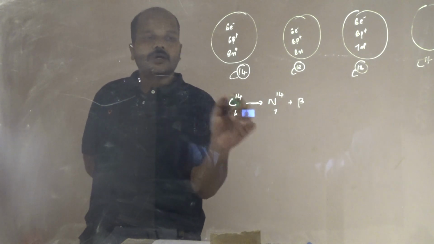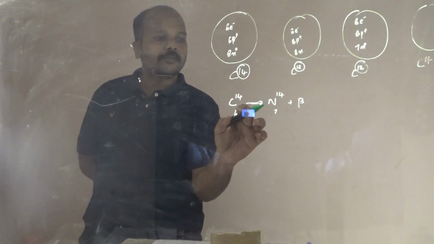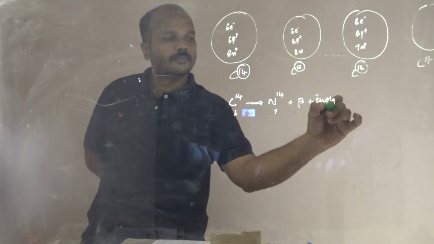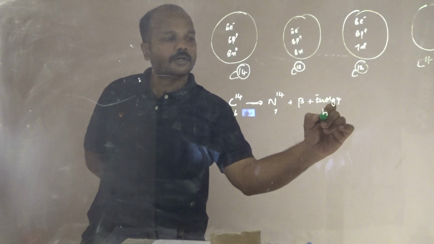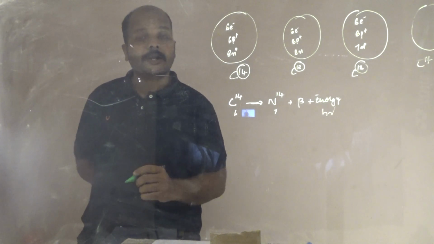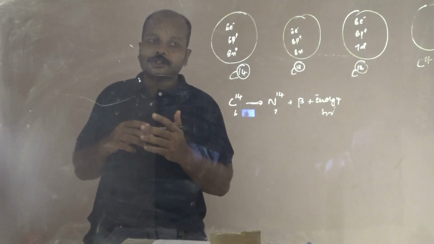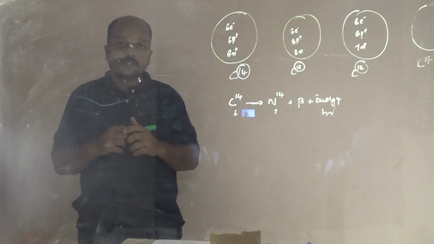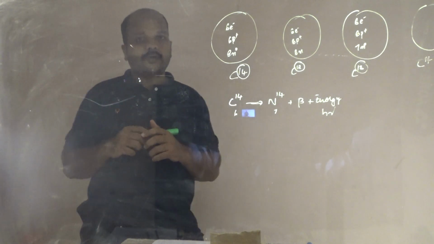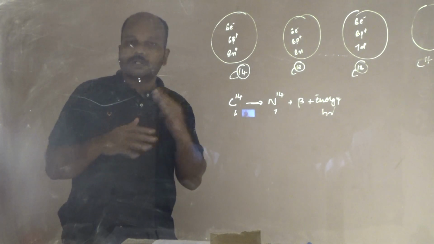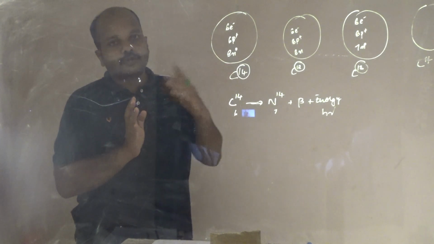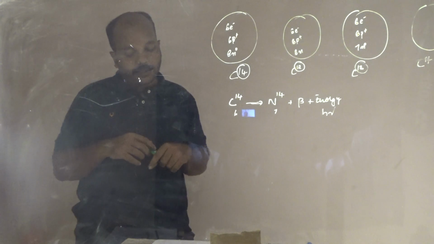This decomposition results in the release of energy, which we can call radiation. Due to the release of this energy, C14 is a radioactive nucleus. That means it releases a lot of energy, and if we keep it for a long duration, it keeps on releasing energy.